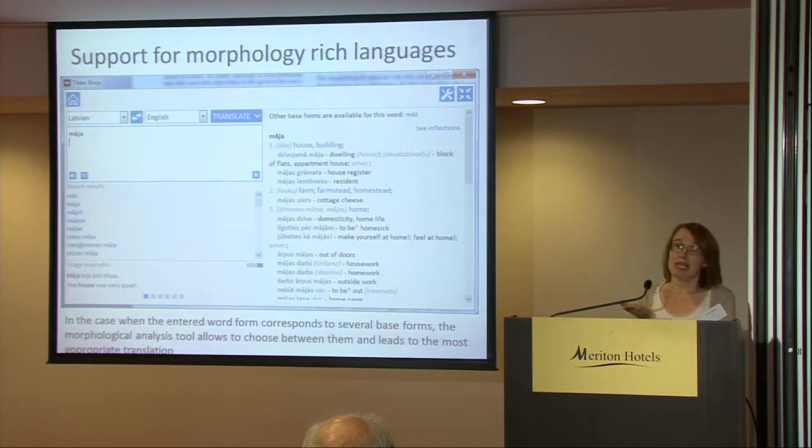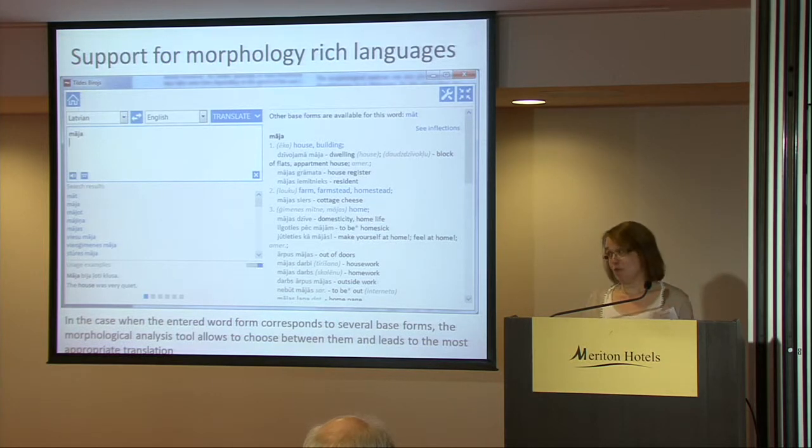However, māja is also the past form of the verb māt, which means wave. In case a user doesn't know it, the dictionary also says, maybe you are interested to find a translation for the word māt, because it's the past form for this verb. So this is also a possibility for the user to find the right answer.